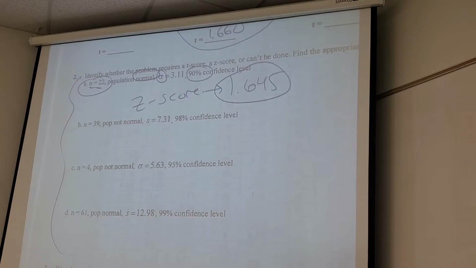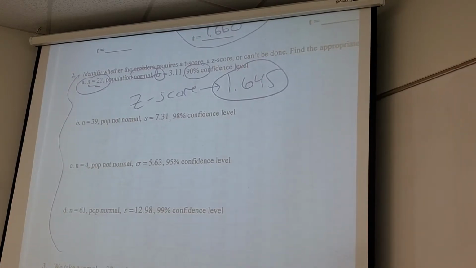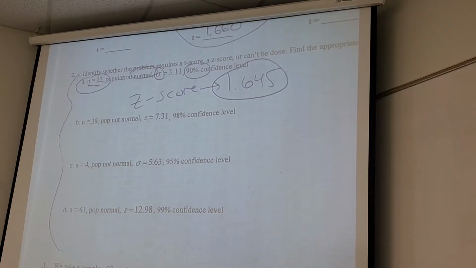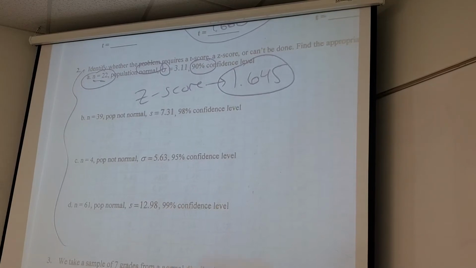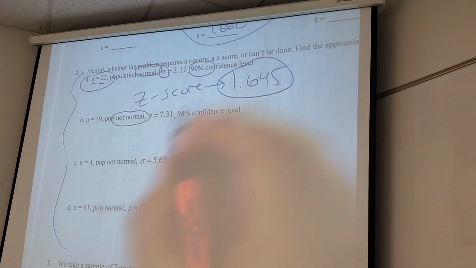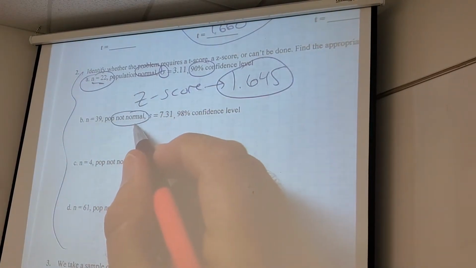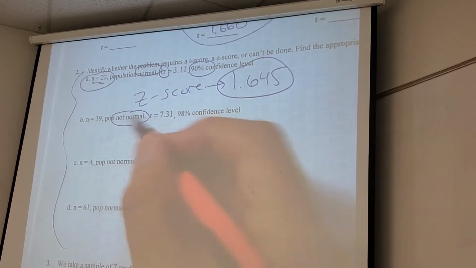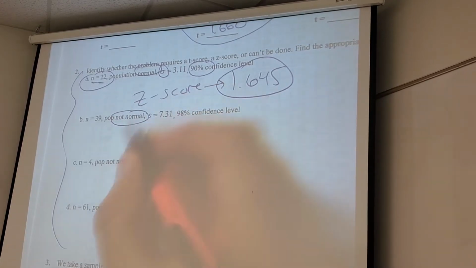So all I'm doing in this number 2 is how far out do I go to ensure that I caught so much percent. And this first one, 90%. What about this one? It says that's not normal. Why is it still okay? Yeah, and it's greater than 30.